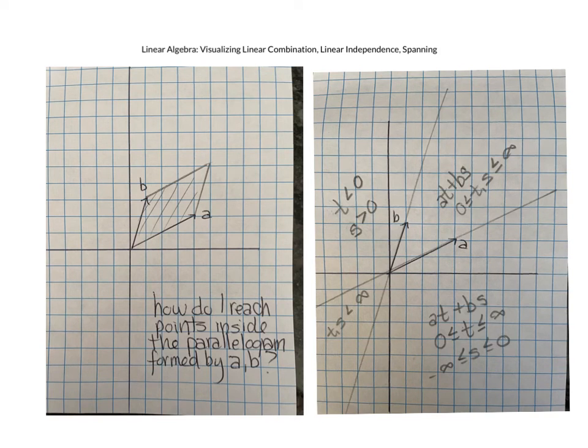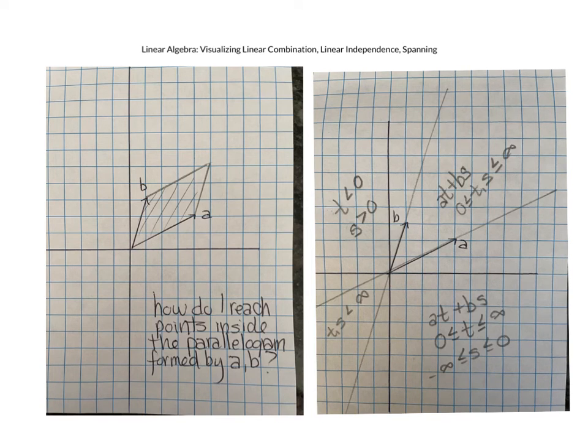Down here, we want A to be positive, but we're going to scale B negative. So once we have a positive A and we add it to a negative B, we're going to get a point in this range here. And that's what this is. A is positive, B is negative. S is what we're scaling B by.